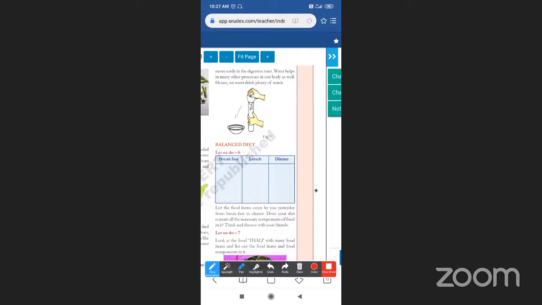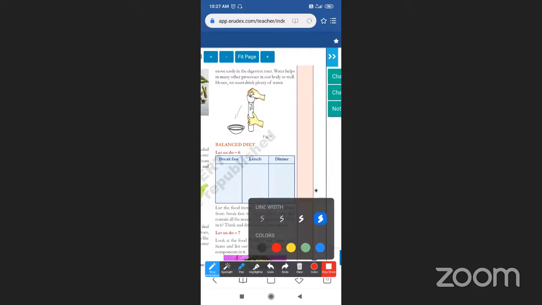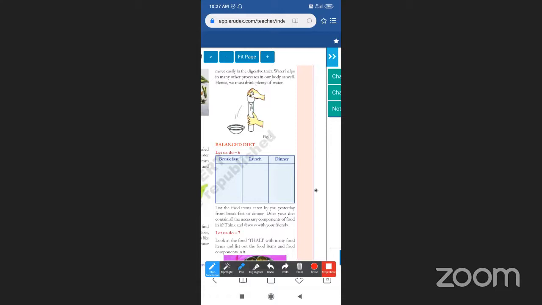Here, imagine the test tube as our digestive tract, and the cotton plug as the food material we are trying to swallow.